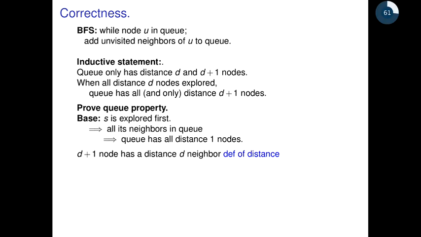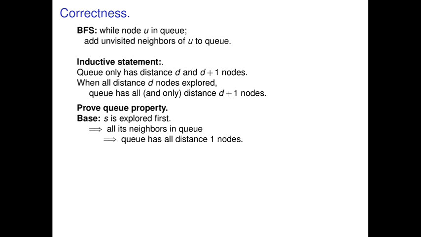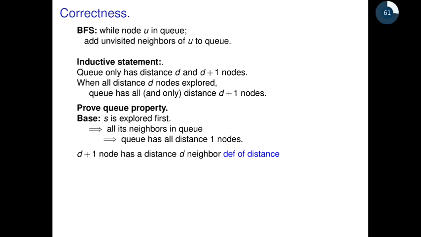So a D plus 1 node has a distance D neighbor. That's the definition of being at distance D plus 1: the minimum over your neighbors of their label plus 1. So any distance D plus 1 node has a distance D neighbor. That's the definition of distance.